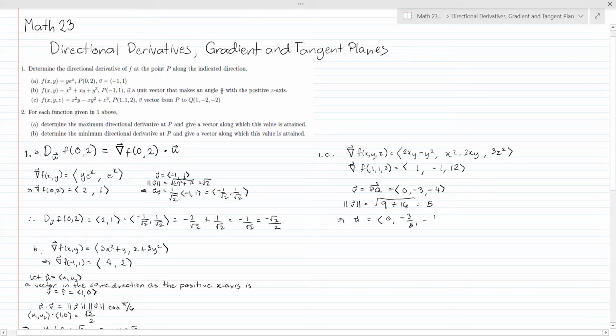So therefore, ang directional derivative natin dito na gusto natin ay dot product ng (1, -1, 12) with (0, -3/5, -4/5). This is equal to 0 plus 3/5 minus 48/5 is equal to -45/5, which is just -9.